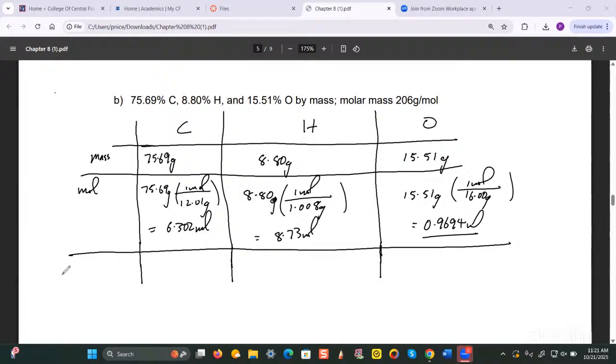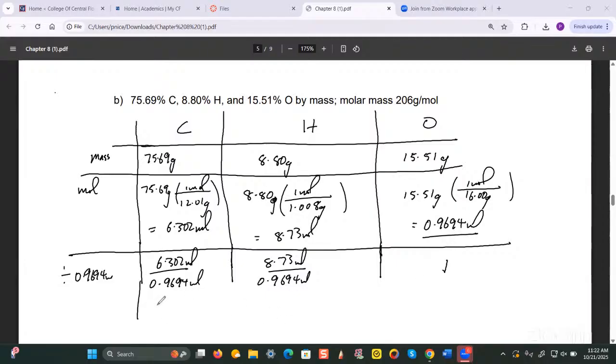So here I'm going to write down divide by 0.9694 moles, right? So in this case here, it's 6.302 moles divided by 0.9694 moles. We do the same thing here, 8.73 moles divided by 0.9694 moles. And then this divided by itself will give you 1, all right?